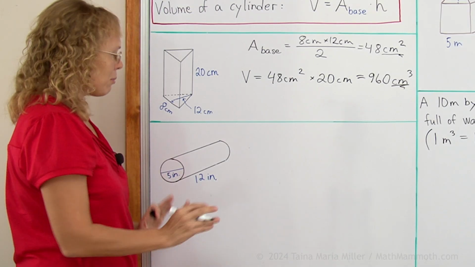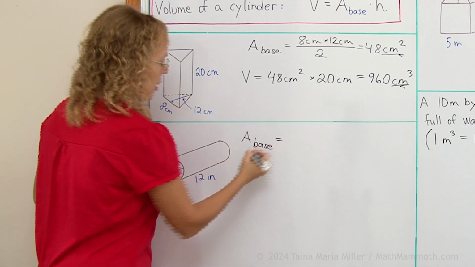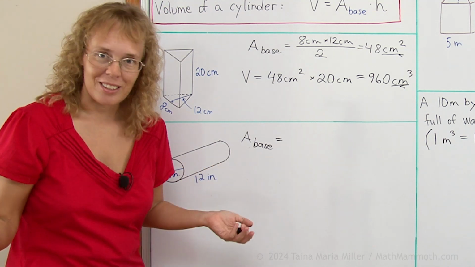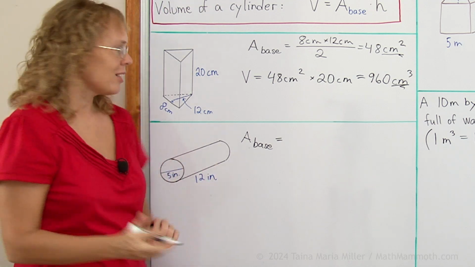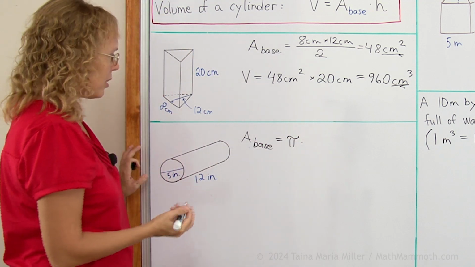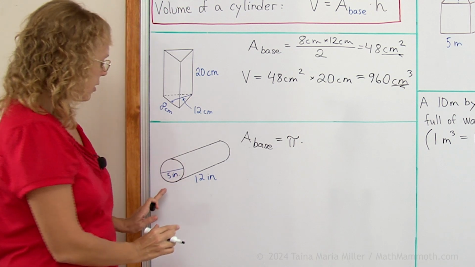Here's a cylinder, so we do the same. We calculate first the area of the base. This time the base is a circle, so you use pi r squared. Remember? Pi r squared, as our area of the base. So what is r? The radius? Well, this here is not the radius, it's the diameter.